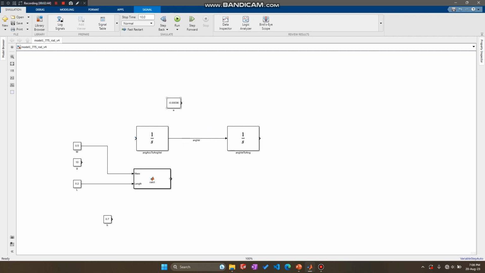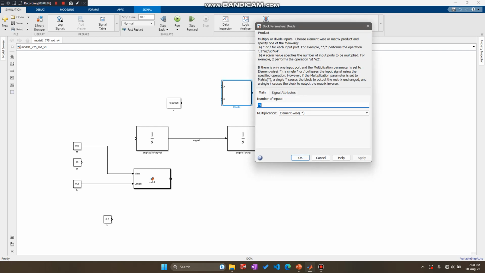Now in order to multiply a and angular velocity together, I need a multiply block. But what we have in MATLAB is something called a divide block. By default, it enables us to divide some value by another, and I have to modify it so that it is a multiplication of 2.